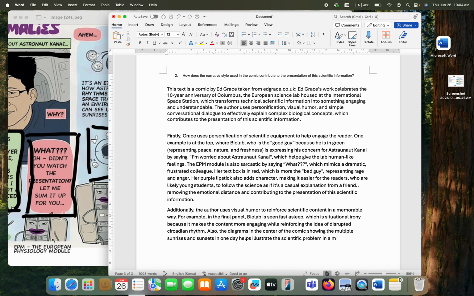In a more simplified, children-friendly format, helping readers to not only understand the science, but remember it.